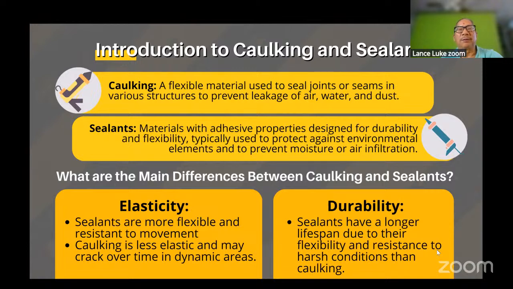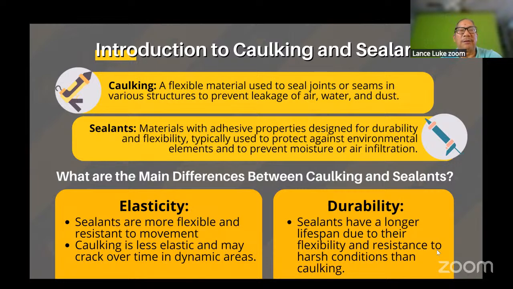Basically, caulking is a flexible material used to seal joints or seams in various construction building materials to prevent air or water or dust getting into whatever you're trying to seal.